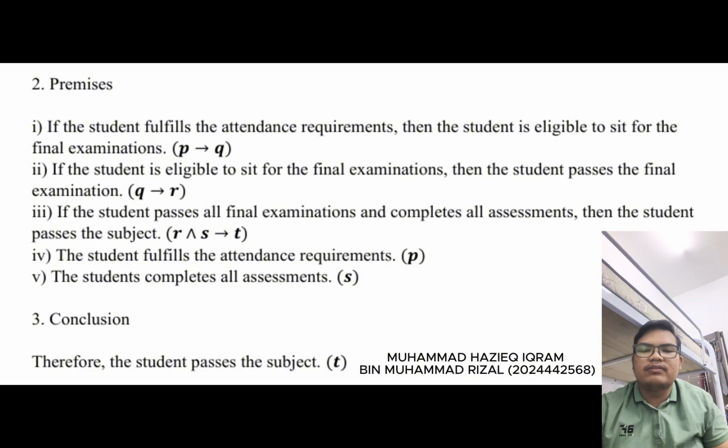Premise 4: they did fulfill attendance, which is P, and premise 5: they did complete all assessments, which is S. So the conclusion for this question is that the student passes the subject, which is T. Then I will let Farish handle the rules of inference to prove that this logic actually holds up.